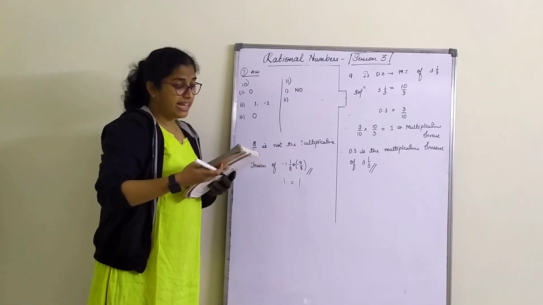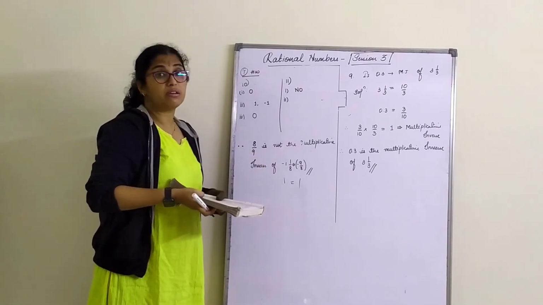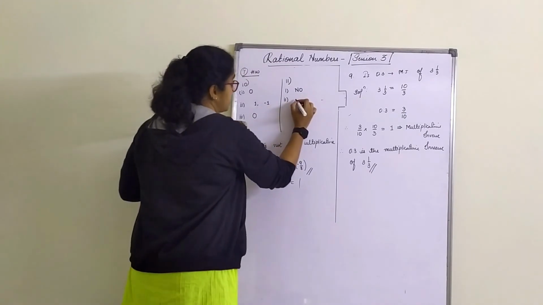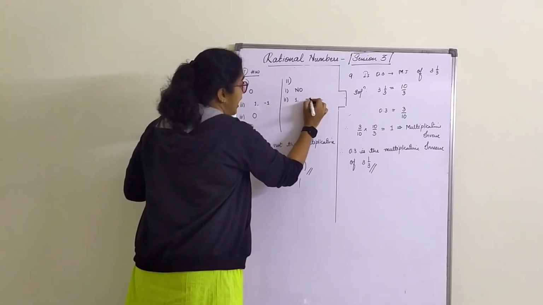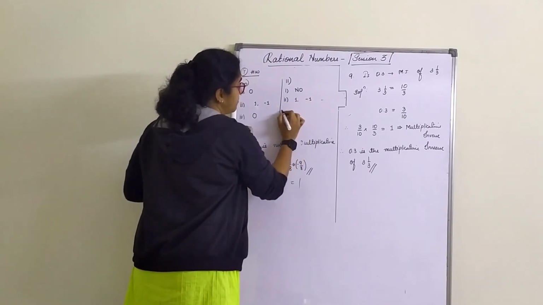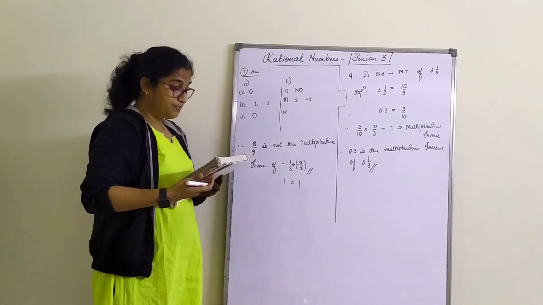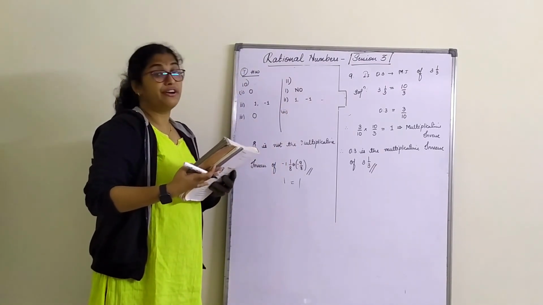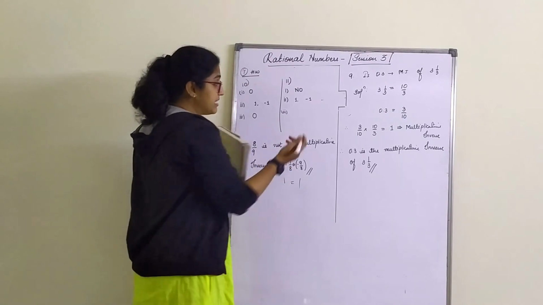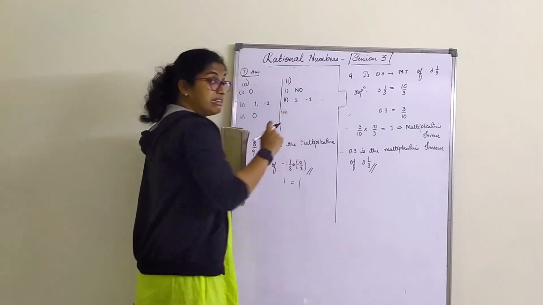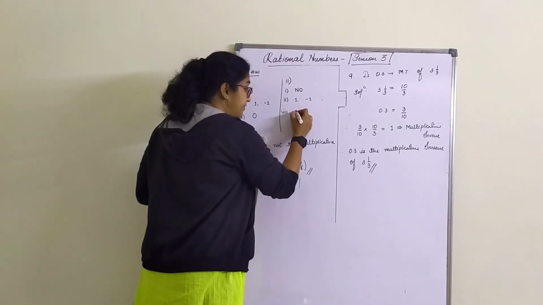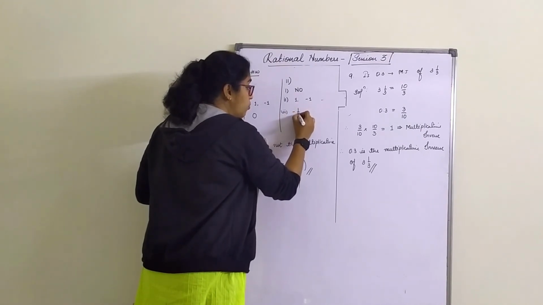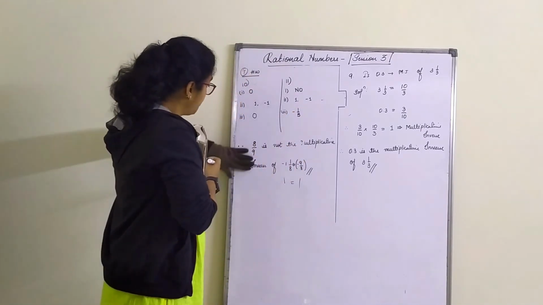The numbers dash and dash are the reciprocals of their own. That is 1 and minus 1. Next one. The reciprocal of minus 5 is minus 1 by 5.